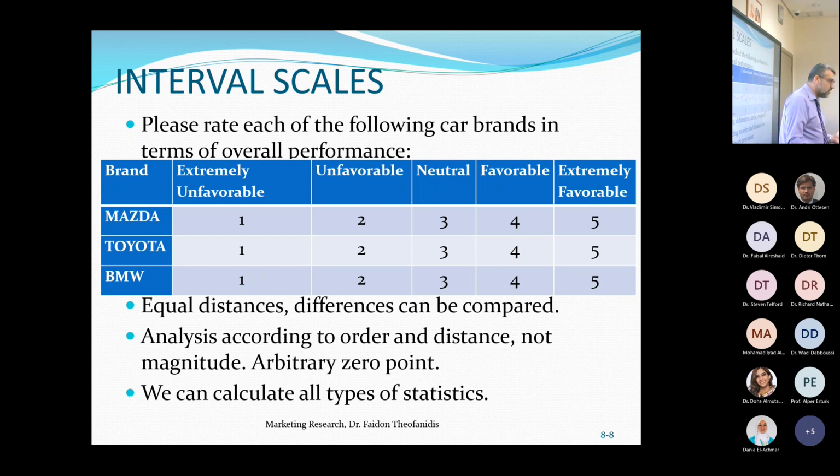Okay, but this information I could get even from the previous scale of measurement, the ordinal. What is the difference here? The difference here is that I know how much more preferred is one brand compared to another.